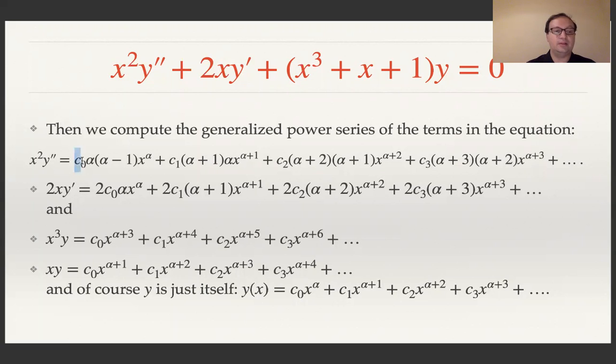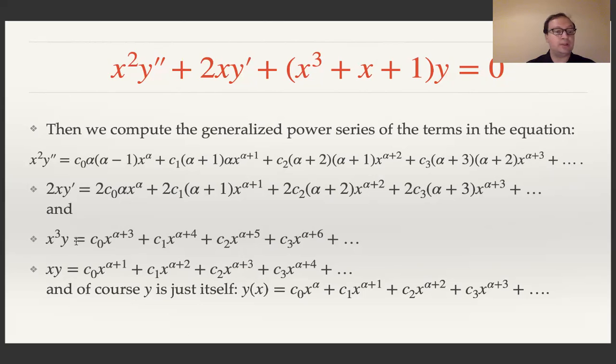There's C0 alpha times alpha minus 1 x to the alpha that comes from x squared y double prime. There's 2C0 alpha x to the alpha. It comes from 2xy prime.